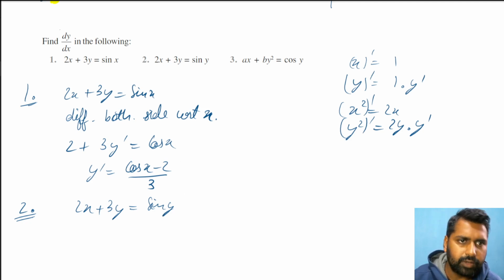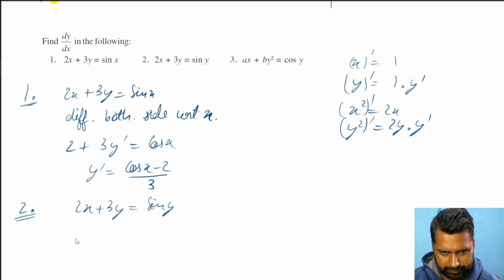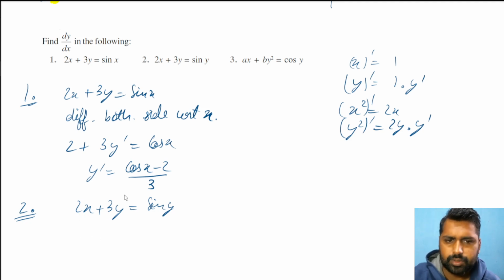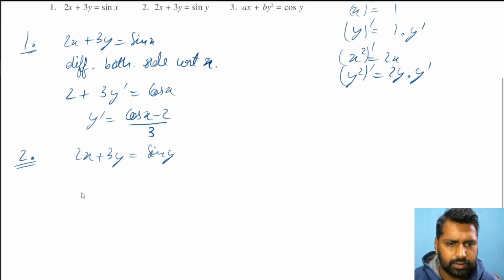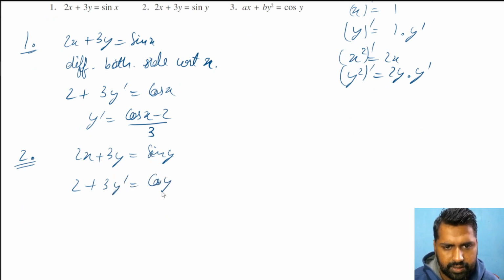So we differentiate both sides directly. Differentiating both sides with respect to x, it's understood. 2x differentiation is 2, 3y differentiation is 3y dash, sine y differentiation is cos y into y dash.